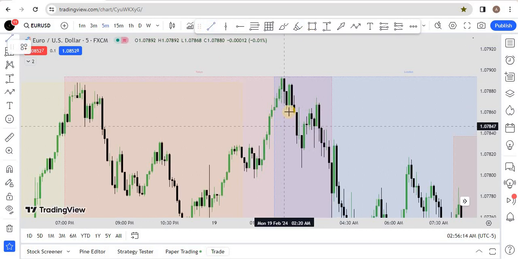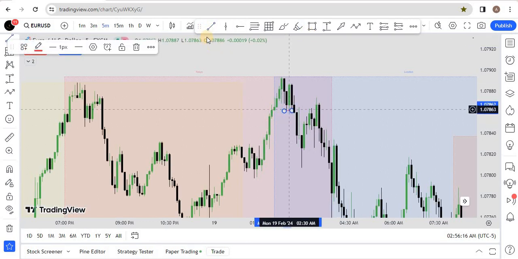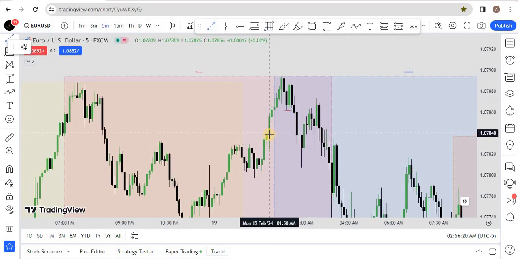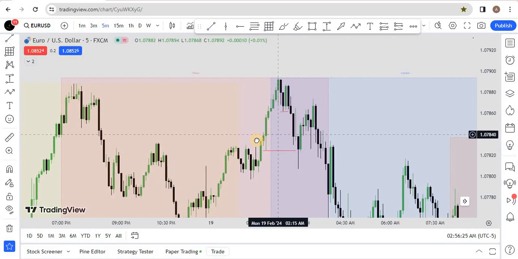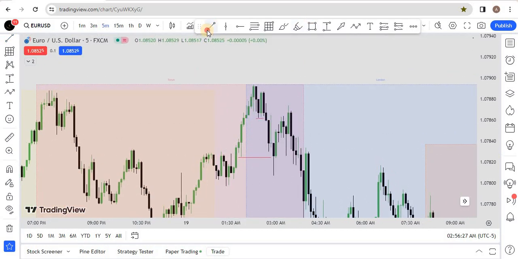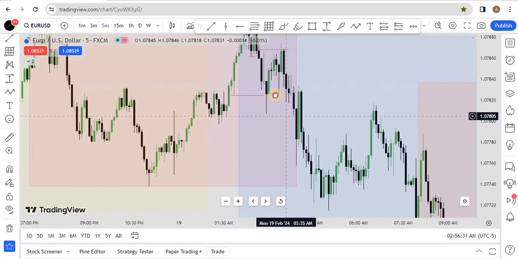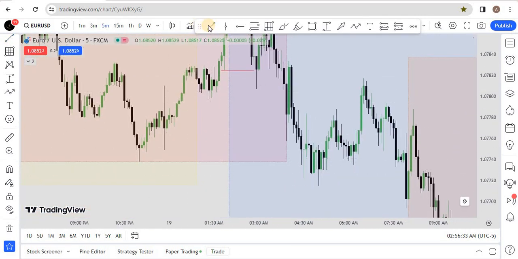We have market structure shifts with displacement. We also have a market structure shift with displacement here because the candle green before and after did not break. Then we have an order block where the price tapped and hit this liquidity.